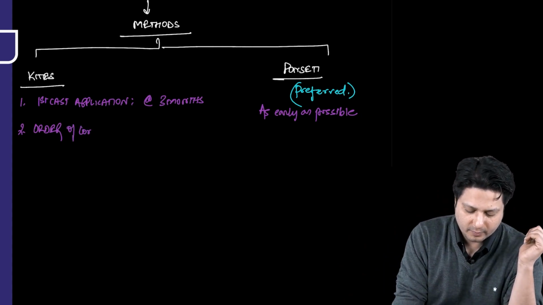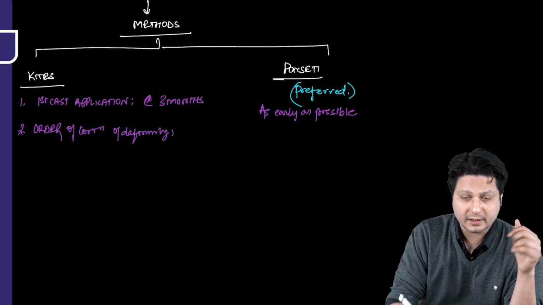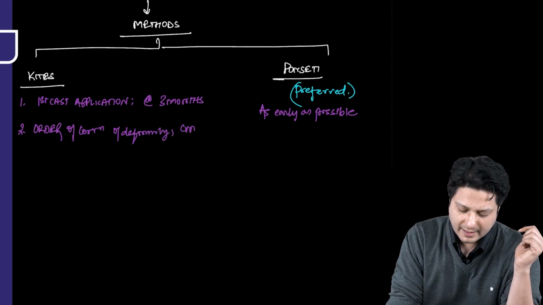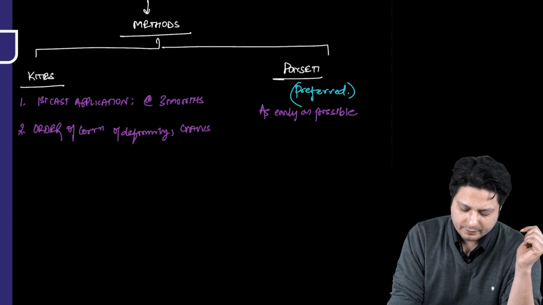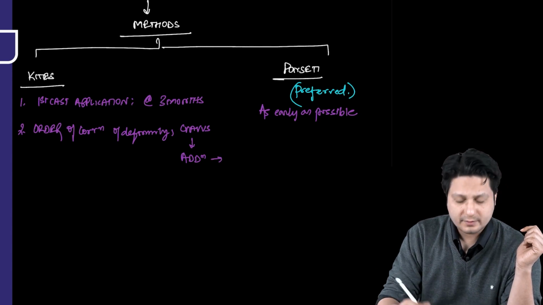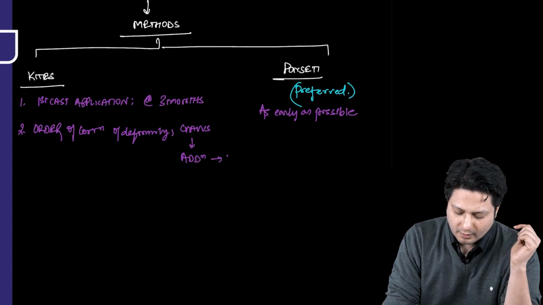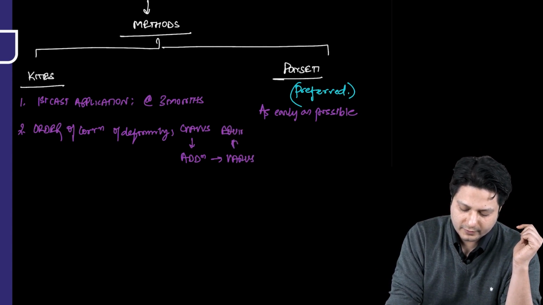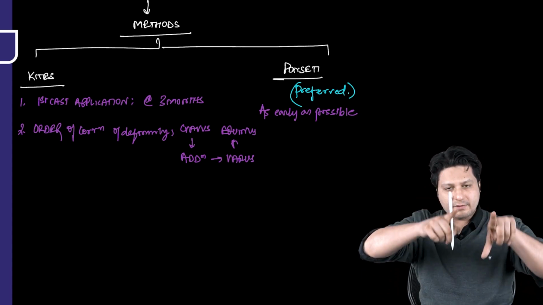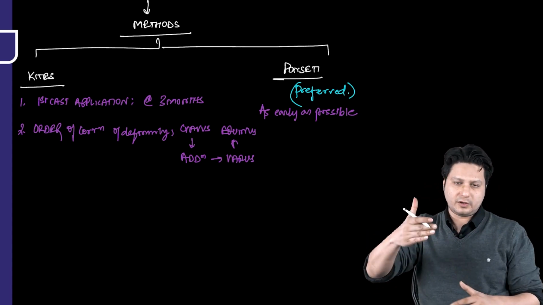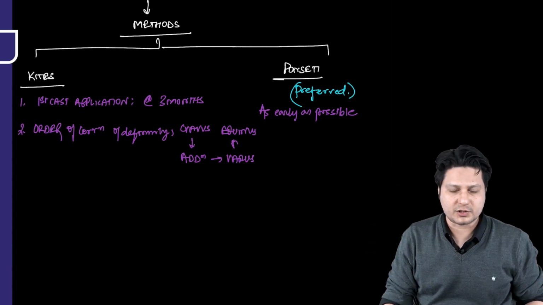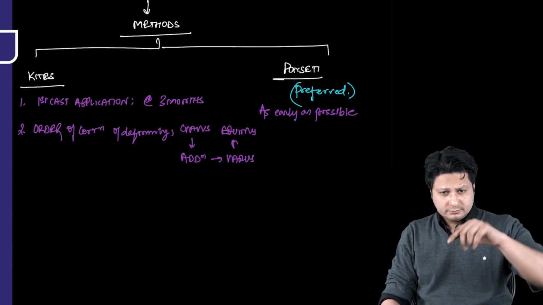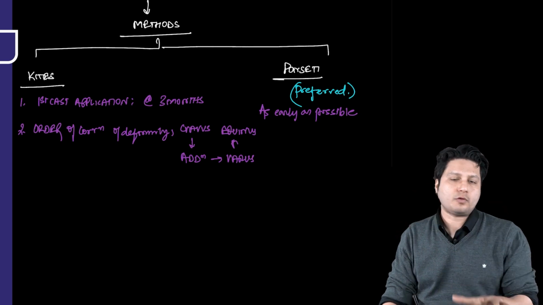Order of correction of the deformity in Kite's method: cavus has to be corrected first, then forefoot adduction next, then varus, that means inversion, and then finally the equinus deformity. So this is the order that you have to follow in case of Kite's method.